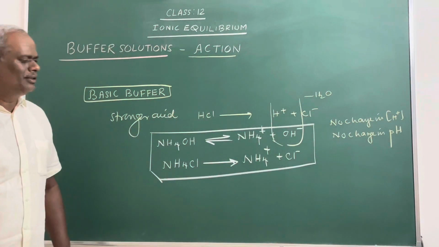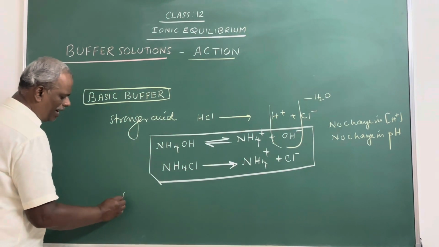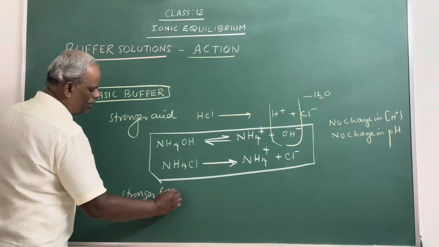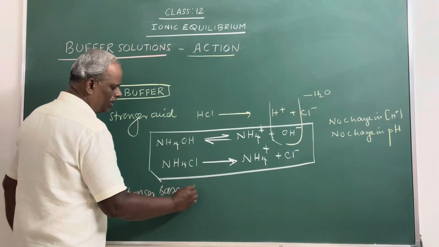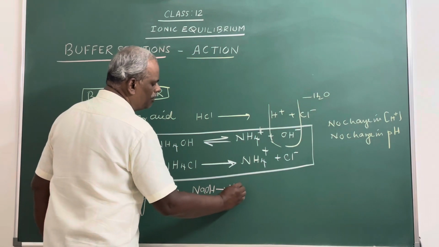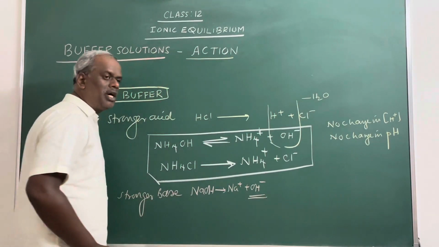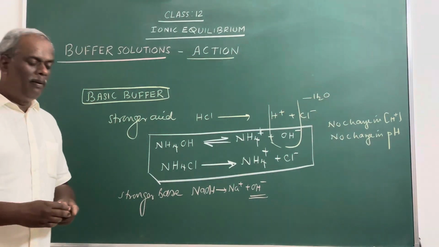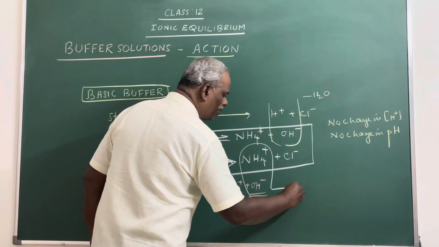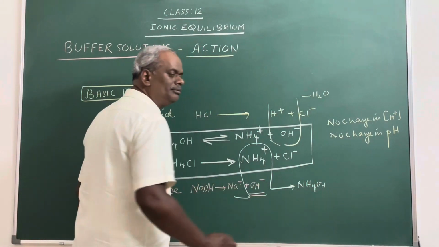It remains unchanged. Likewise, the other situation, we can add stronger base into this. On the addition of stronger base like NaOH, that will give you Na plus and OH minus. It means we are trying to increase the concentration of OH minus, but the added OH can readily combine with this ammonium ion to form ammonium hydroxide.